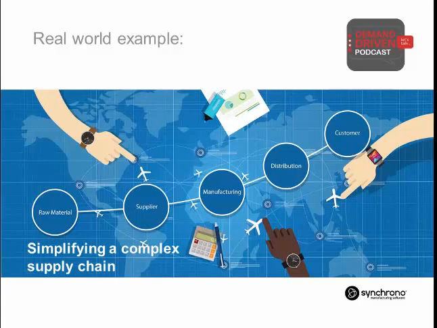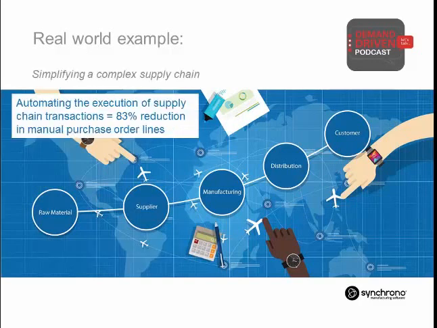And to give you some hard numbers about what this looks like, by automating the execution of their supply chain transactions, what they were able to accomplish was an 83% reduction in manual purchase order lines being created within their environment.